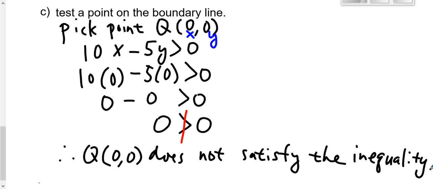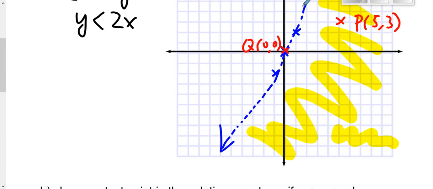Okay, so if I were you in the future, when it comes to verifying something or testing if something is a solution or satisfies something, I would definitely not pick a point on the boundary line. Either something here or something here. Alright?